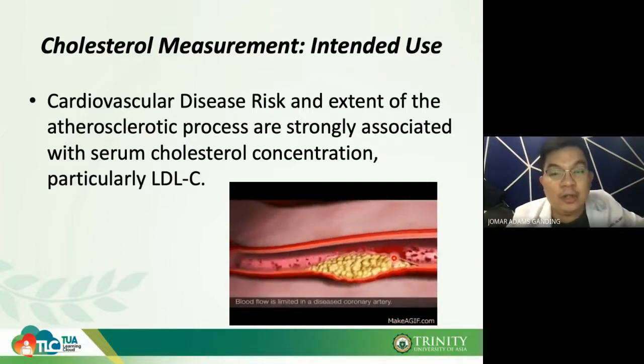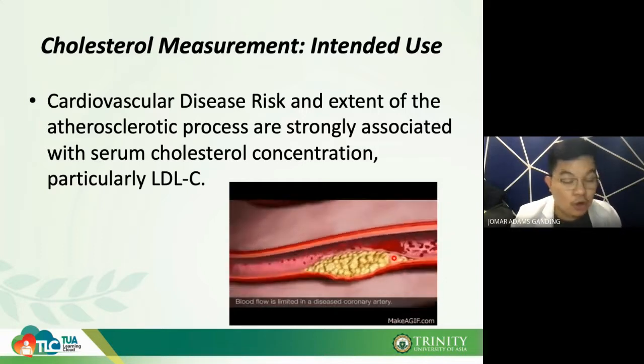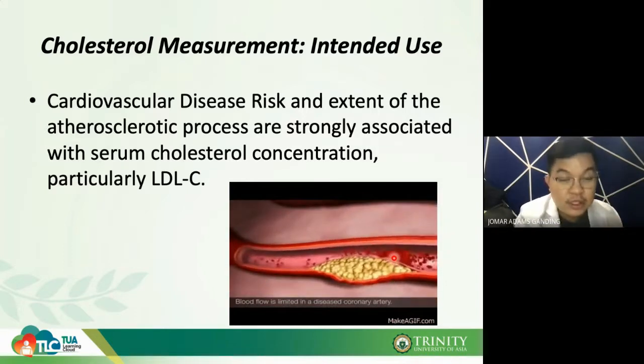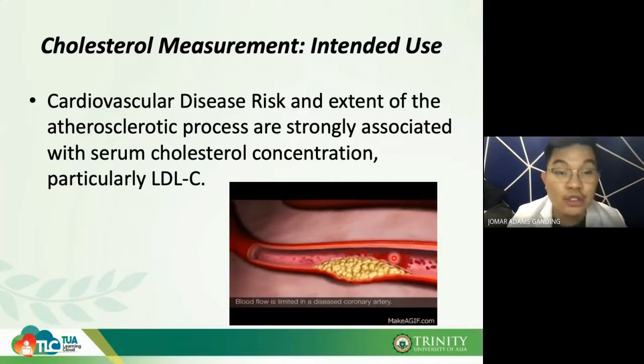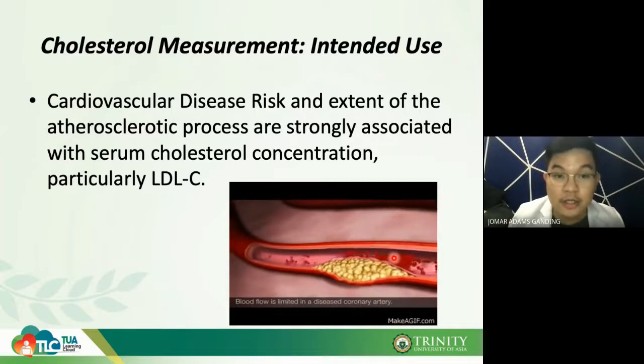It will now start to build up on your blood vessels.